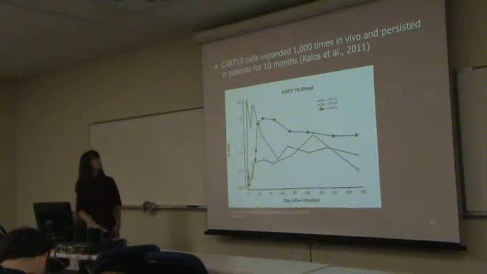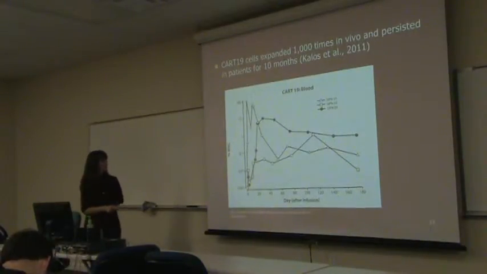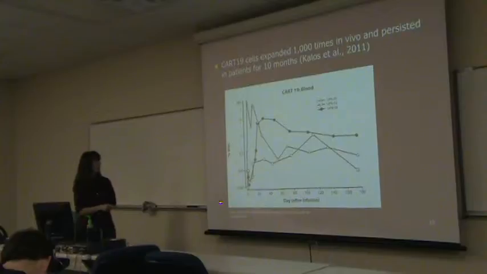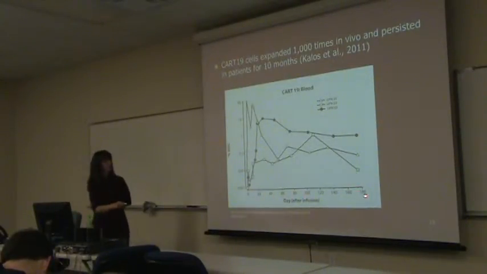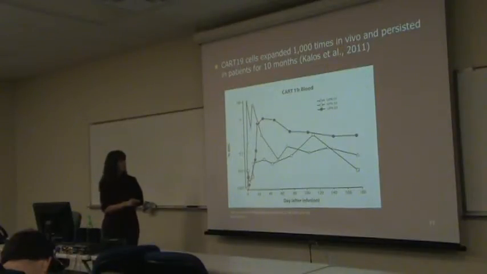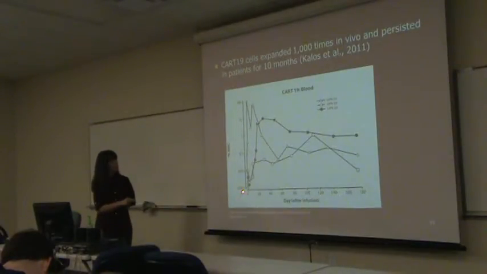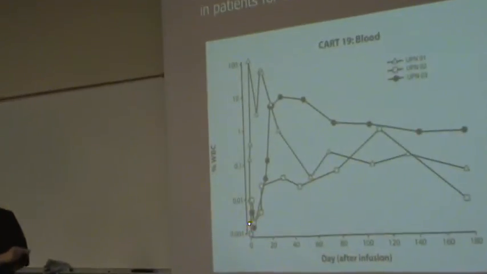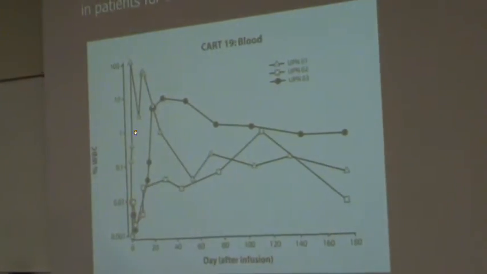So on this slide, you can see this is the percent of white blood cells. The days after infusion are across the bottom. So at day 0, you would have no CART19 T cells in the blood. Then they were infused, and you can see that the cells expand.